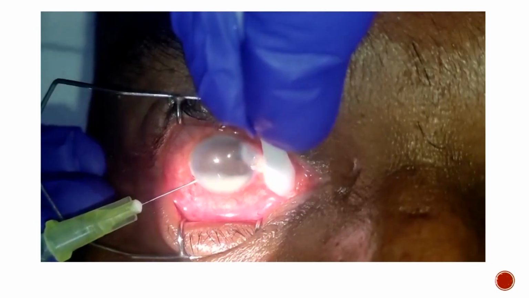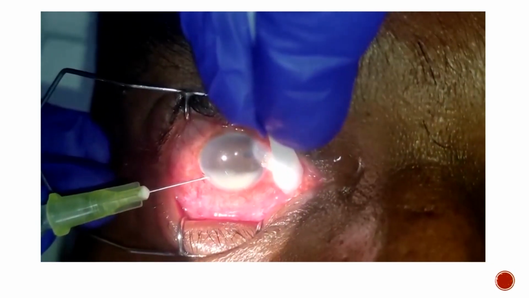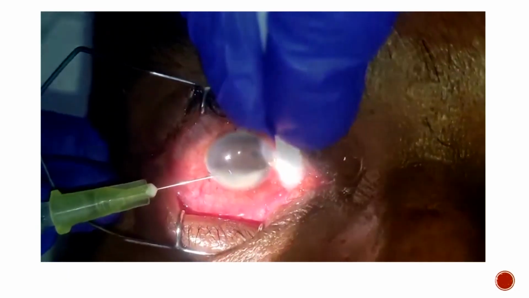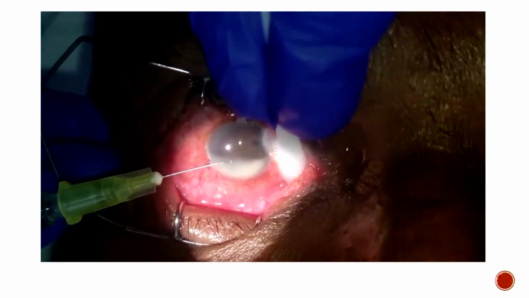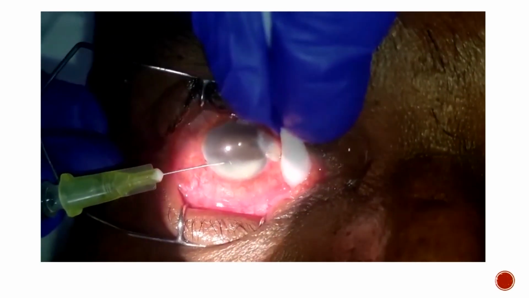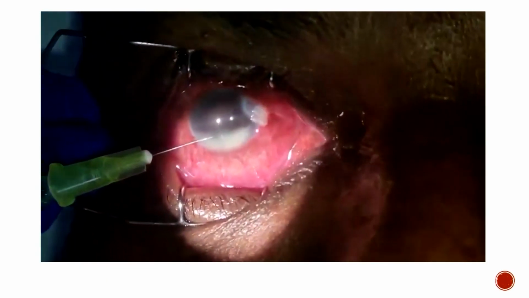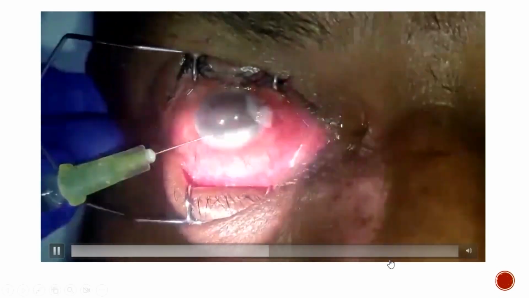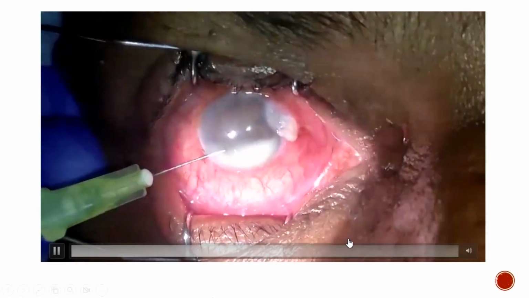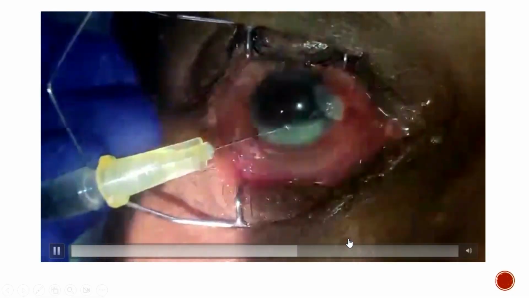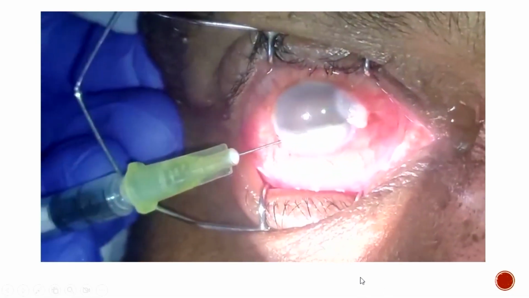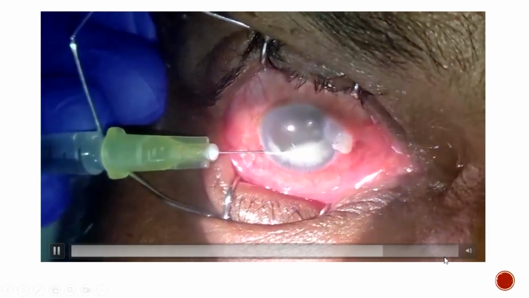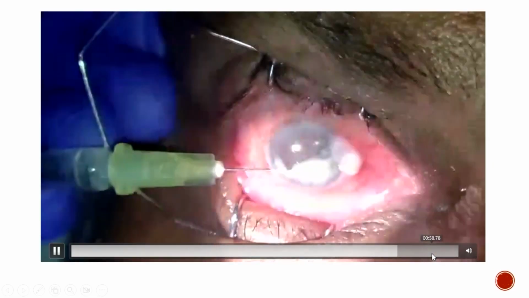A 30 gauge needle is used and tangentially it is entered through the limbus obliquely over the iris, and in the area of maximum exudation the sample is collected. As you can see, from the area of maximum exudation, the sample is now aspirated. We have to make sure that the AC doesn't collapse.